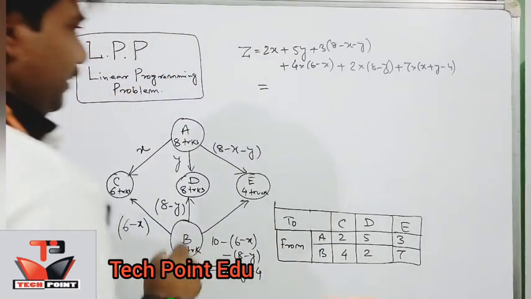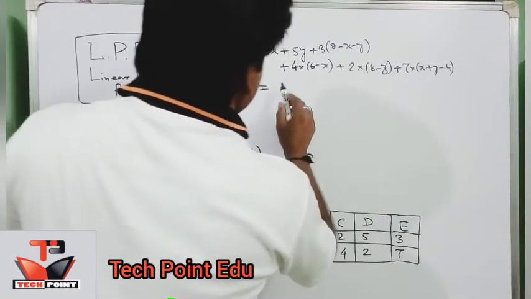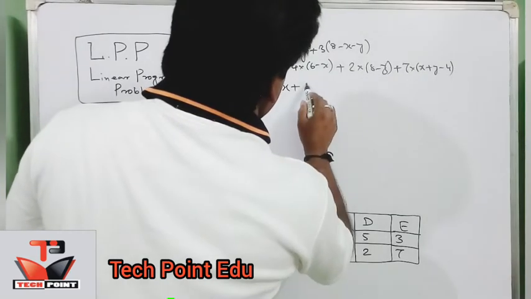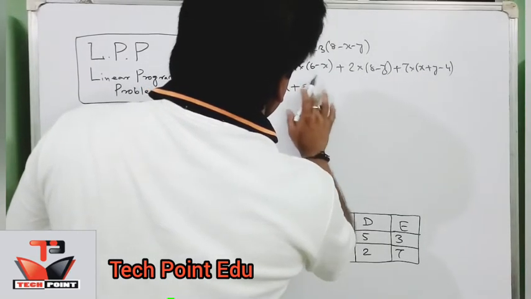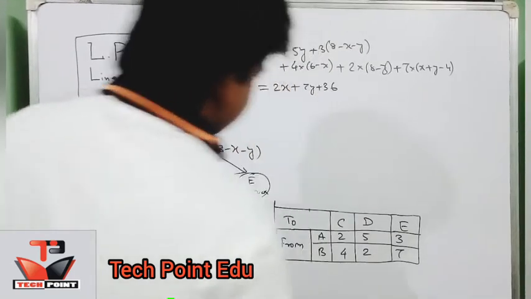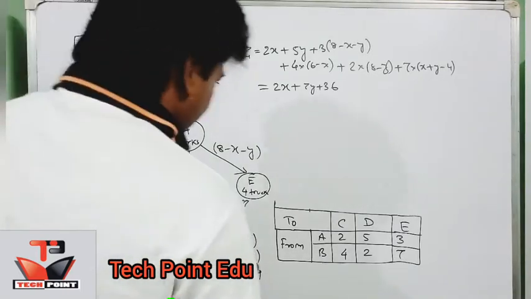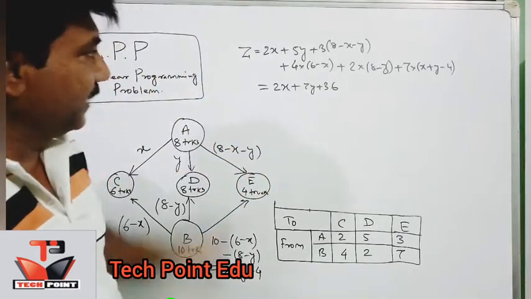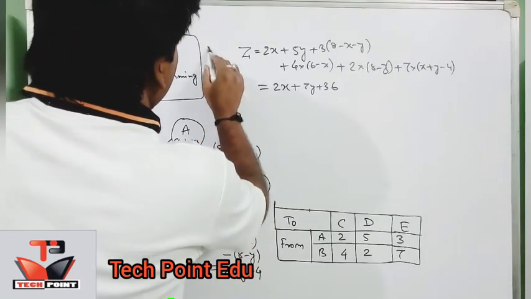This value will be 2X plus 7Y plus 36. And now I have to minimize the distance. That's why this will be minimize.